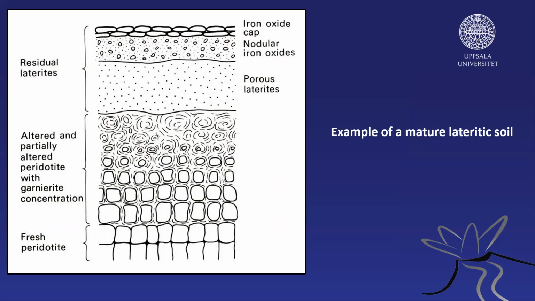Underneath, you have nodules of iron oxides, the small pellets we have seen previously. And underneath, you have laterites. Basically, remember: start with the rock, you destroy it physically and chemically, you form a soil, you keep destroying it, you leach everything, and at the end you have iron and aluminium.